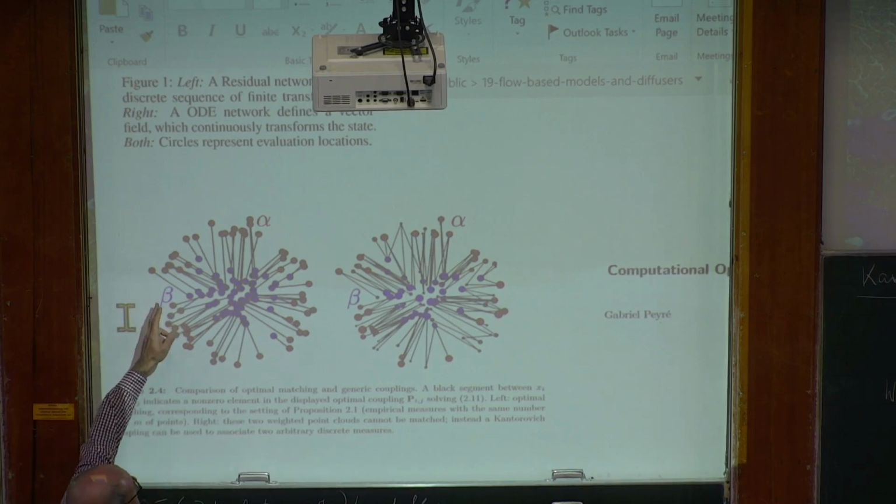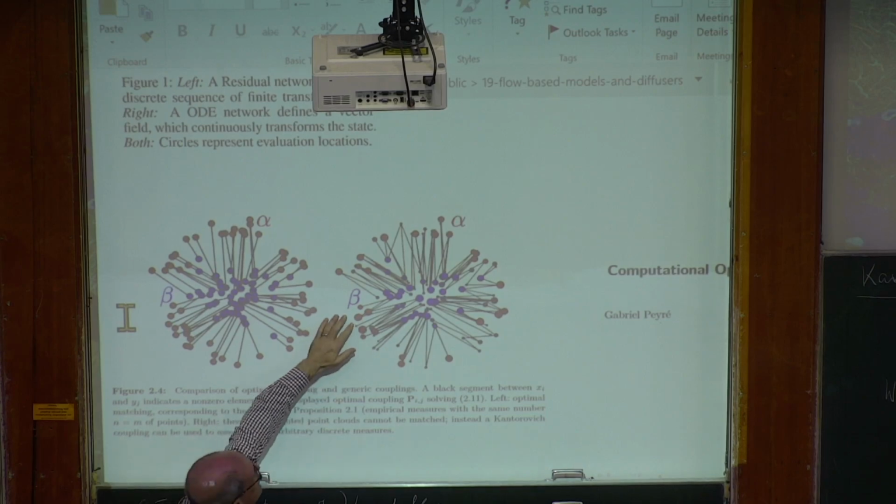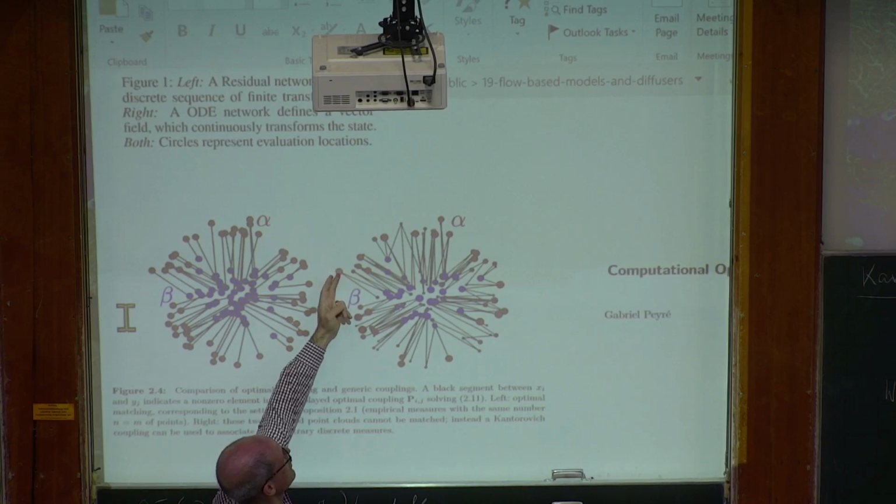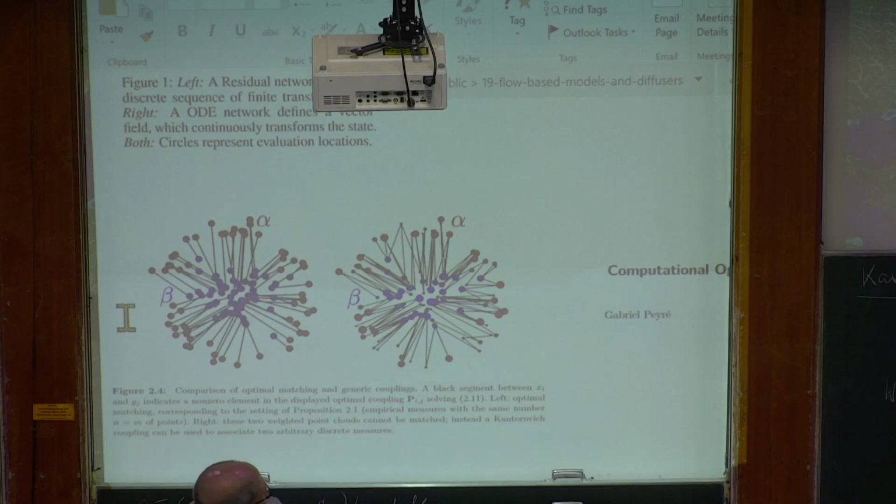And for each of the points, it's cheapest to send it to one particular other partner. Here, the points have different probability mass as indicated by the radius of those circles. And here you see it's no longer a bijection. Sometimes mass from one point must be transported to two other points.